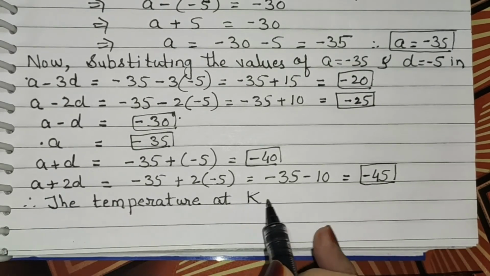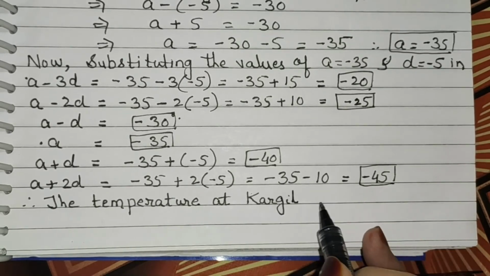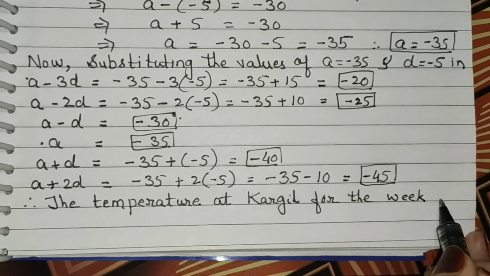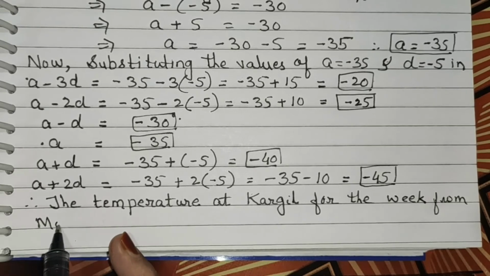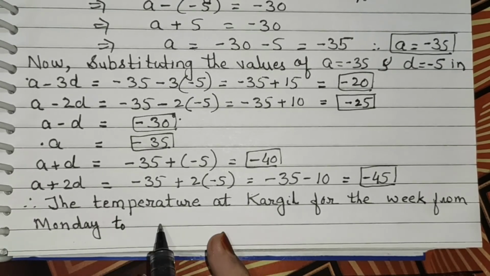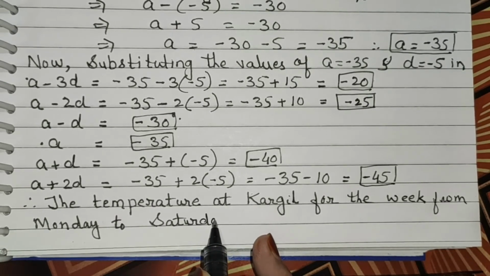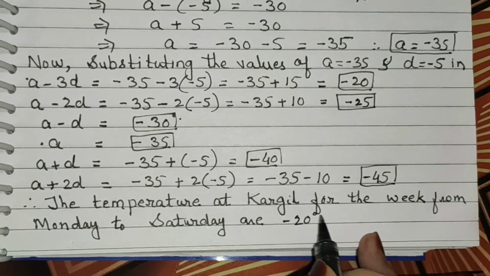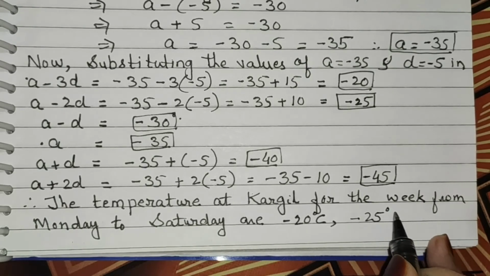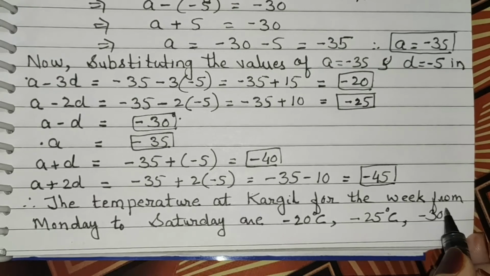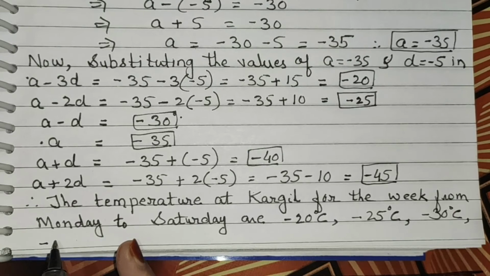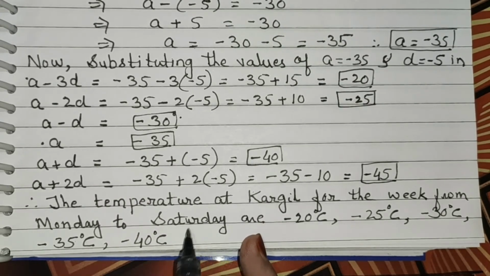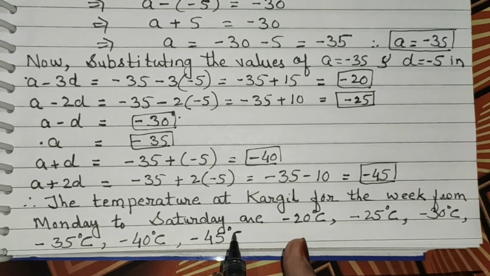At Kargil, for the week from Monday to Saturday, are minus 20 degrees centigrade, minus 25 degrees centigrade, minus 30 degrees centigrade, minus 35 degree centigrade, minus 40 degree centigrade and minus 45 degree centigrade respectively.